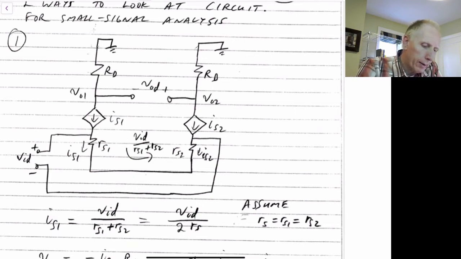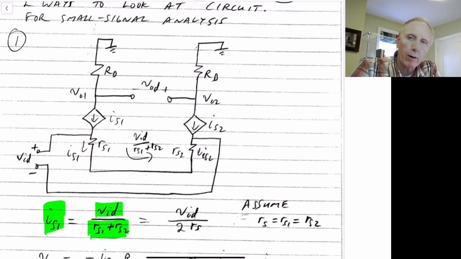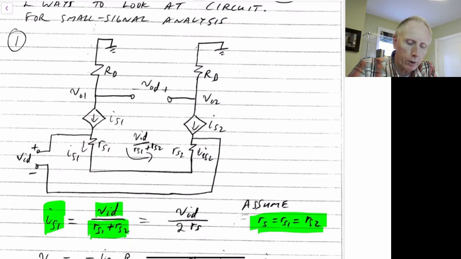So what we have then is that IS1 is the differential voltage divided by the series combination of RS1 plus RS2. And if we assume that RS is the same for RS1 and RS2, so we'll just define RS to be the value for that, then it's equal to VID divided by 2 times RS.